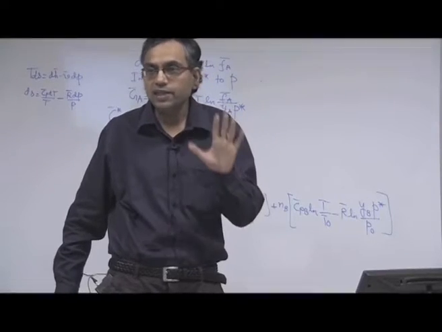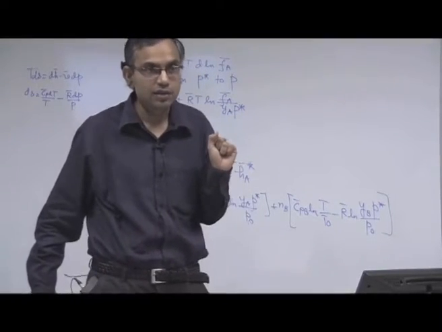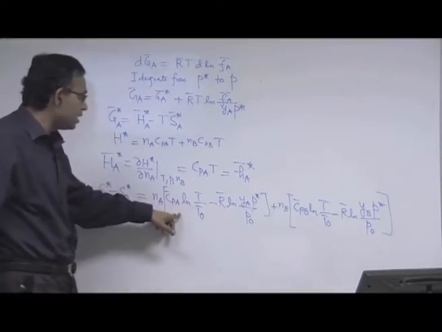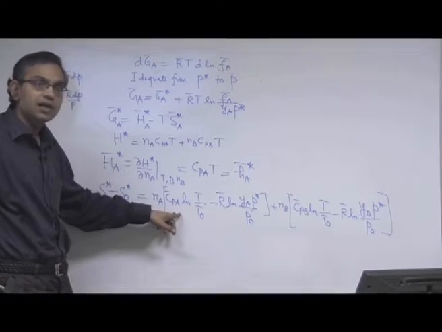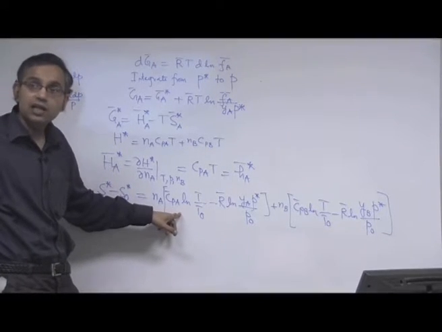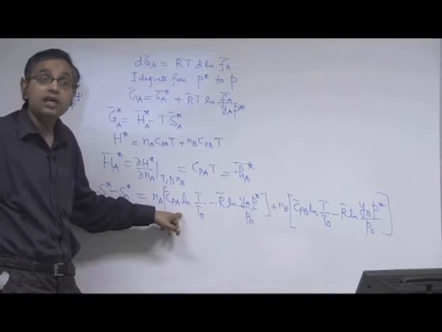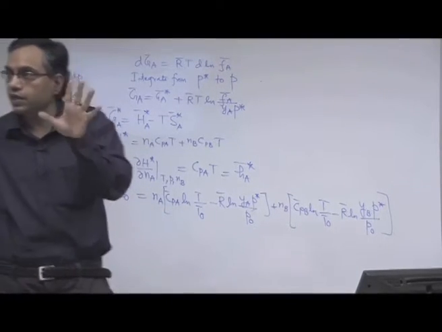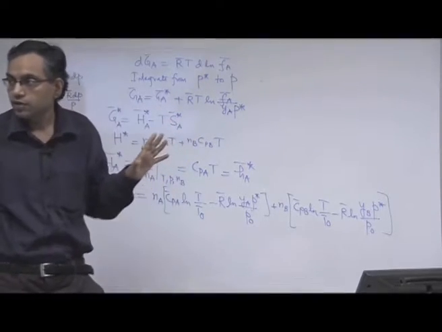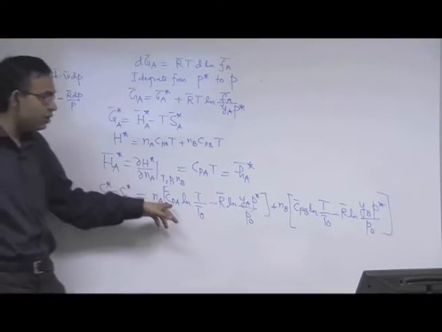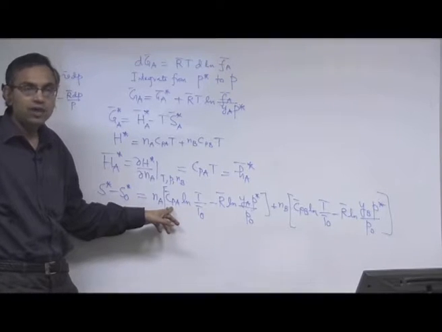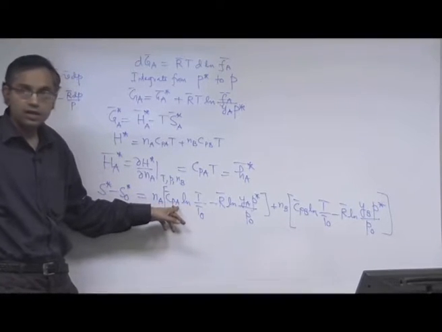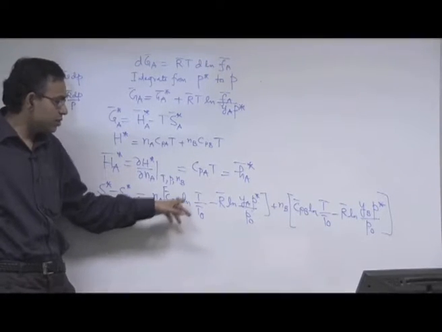So ideal gas does not mean Cp is a constant, but this expression you can write only when Cp is a constant. That is a special case of an ideal gas, called a calorically perfect gas. So there is a difference between perfect gas and ideal gas.